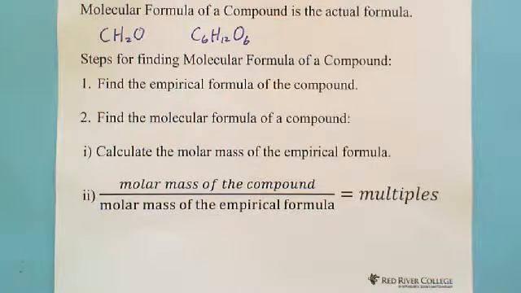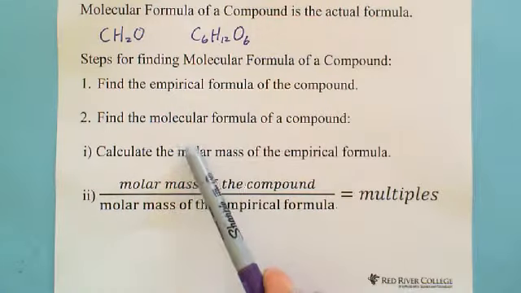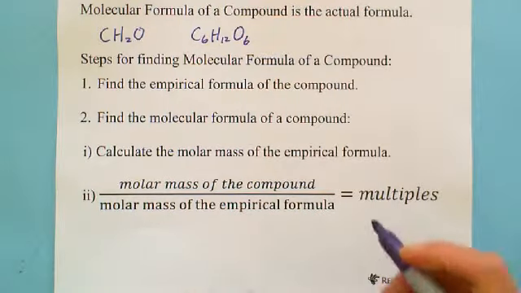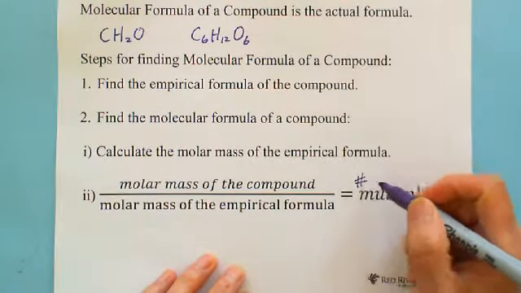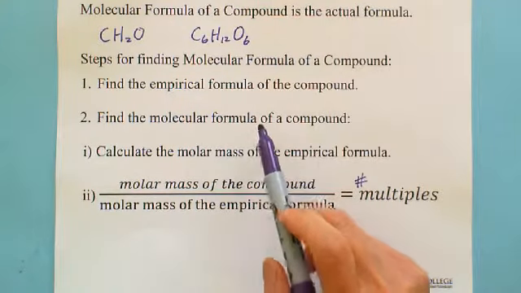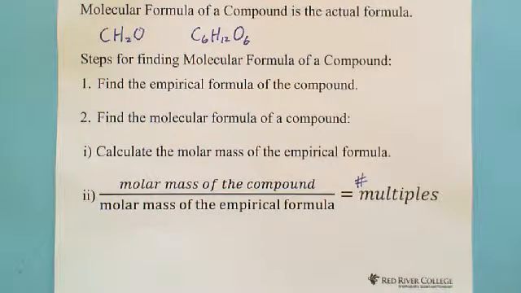That's why you already know the molar mass of this compound. After you find the molar mass of the empirical formula, you divide, then you get the number of multiples. After you get the number of multiples, you multiply the number of multiples to the simplest form, or the empirical formula, to get the molecular formula.